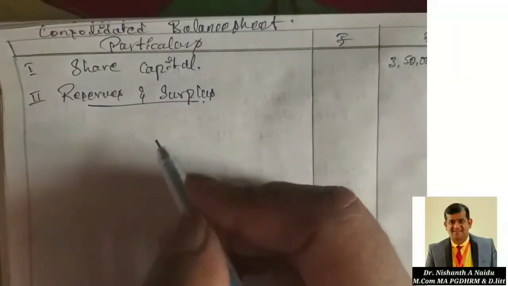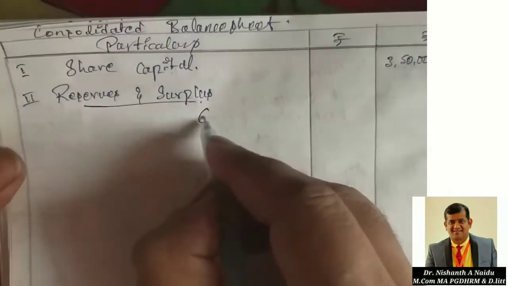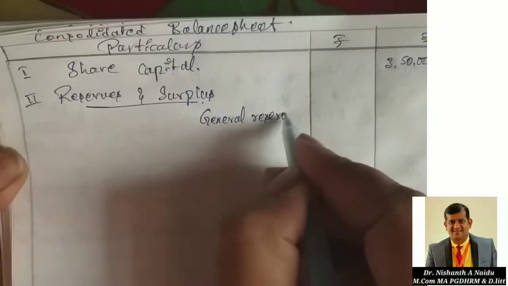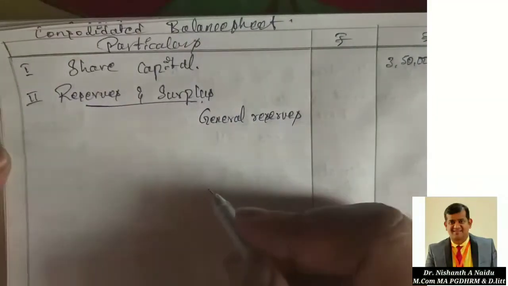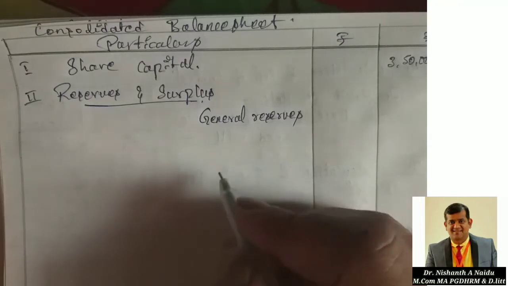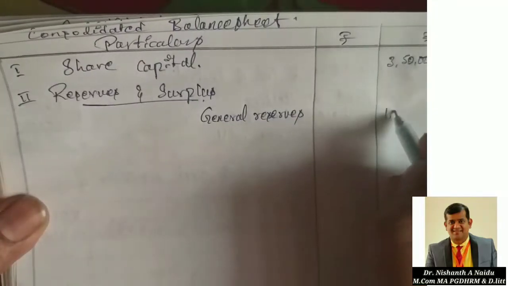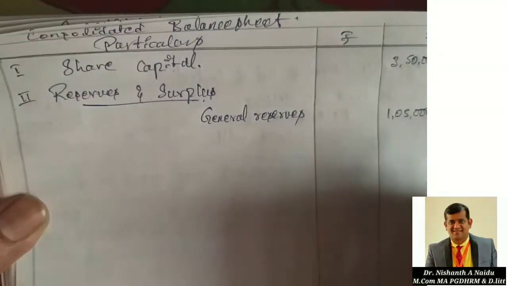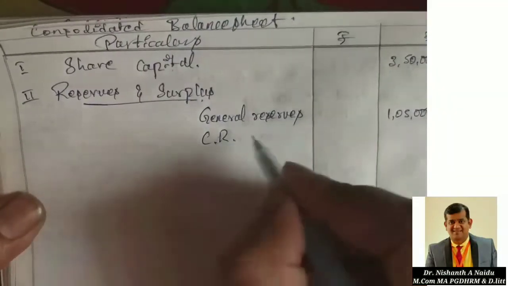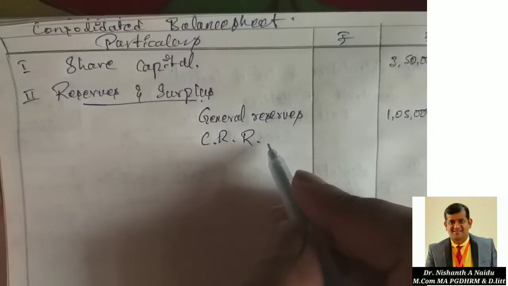Reserves and surplus. So under that, take down general reserves. General reserves of P Company Limited, how much? 1,05,000. So I'm taking directly 1,05,000 rupees. Then we have CRR, Capital Redemption Reserve Account, which we have done in the working notes.